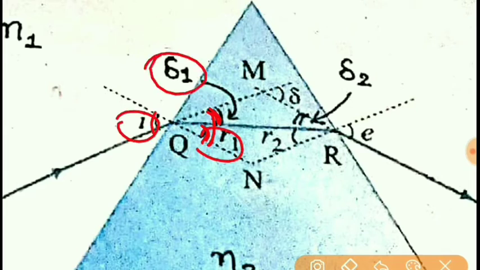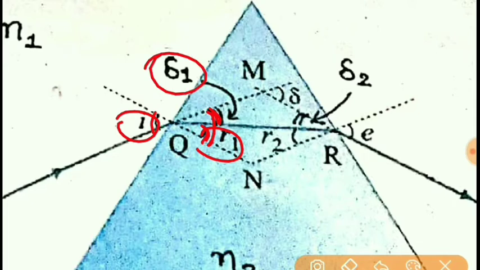This angle I and this angle are vertically opposite angles and they are always equal. So I should be equal to this angle, that is delta 1, plus this angle, that is R1. So these two are equal. So I is equal to R1 plus delta 1.